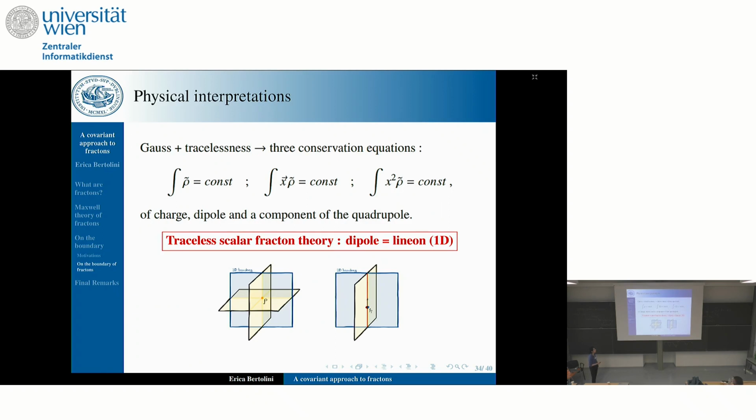So what this is telling us is that we can here identify the traceless scalar charge theory of fractons from the Gauss constraint and the tracelessness condition, which is telling us that the theory is describing dipoles that only move on a line, because here we are in two space dimensions. So they have one constraint on the motion due to the quadrupole conservation.